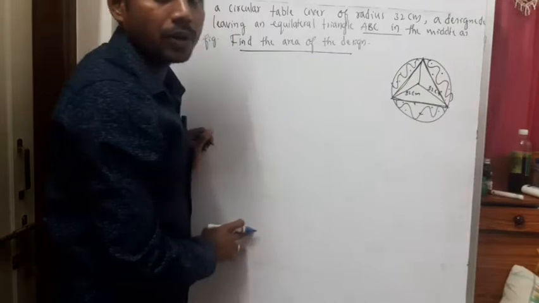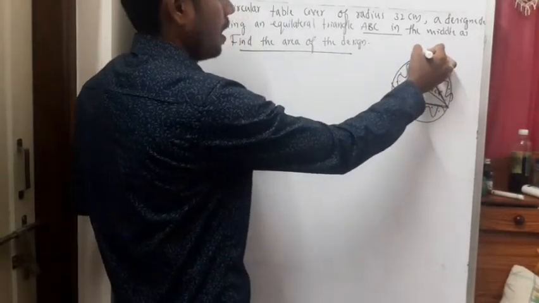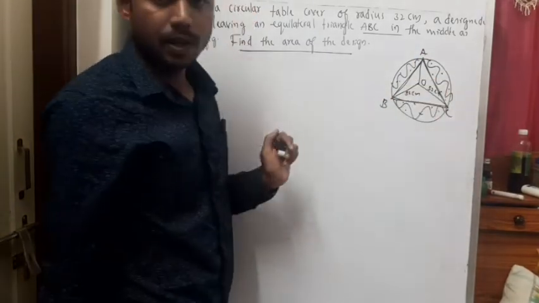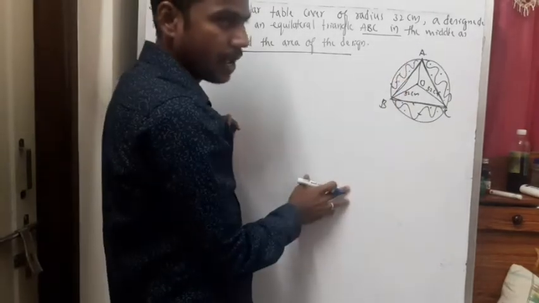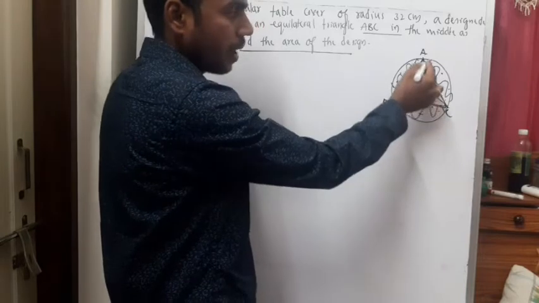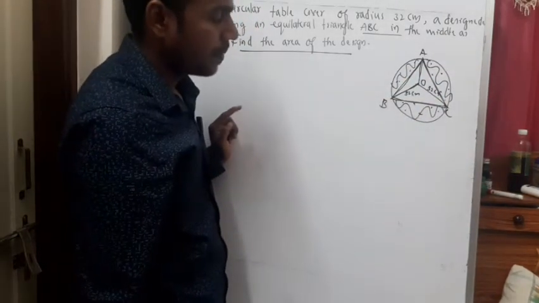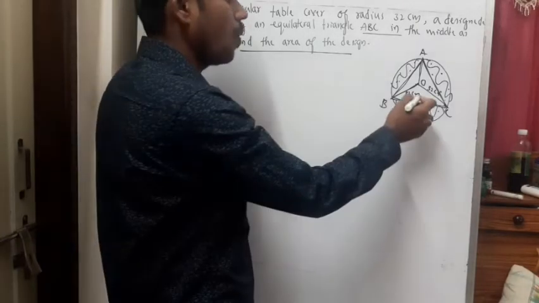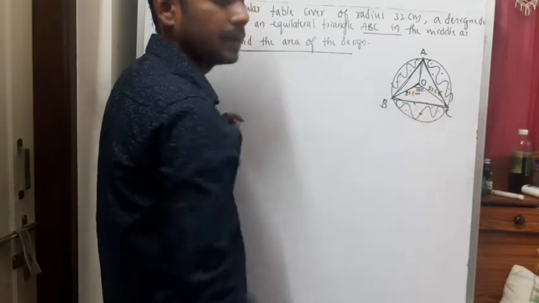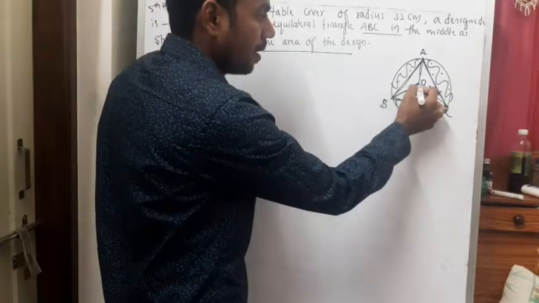So how are we going to calculate the area of the region? This is triangle ABC, and O is the center of the circle. Since it is an equilateral triangle, it will be divided into 3 equal segments if I join the radii. The central angle will be equal to 120 degrees.